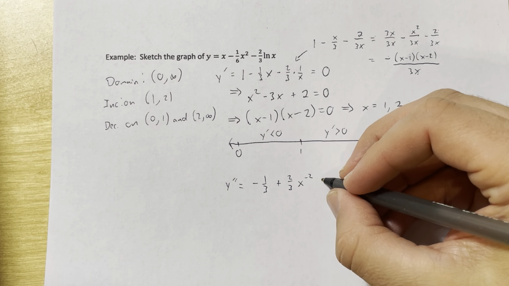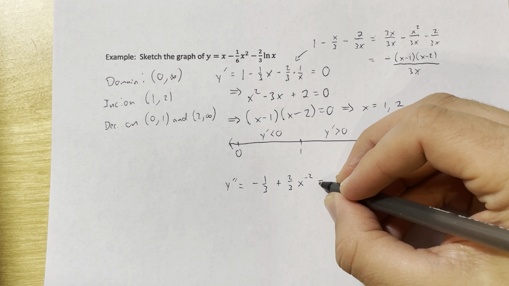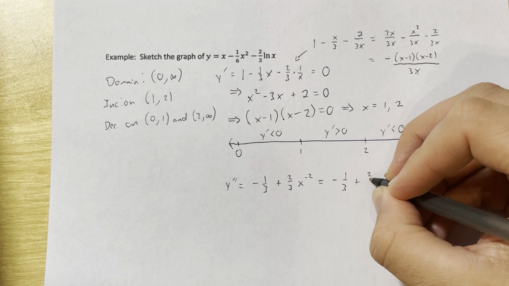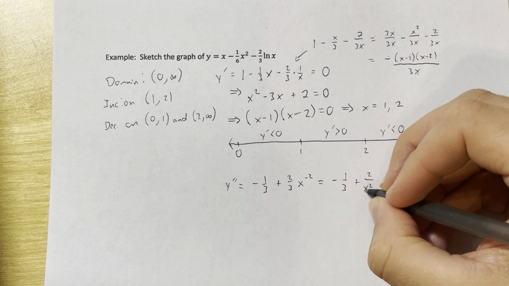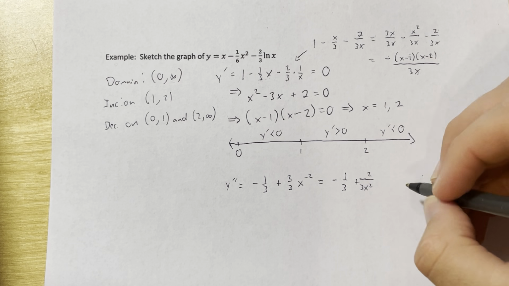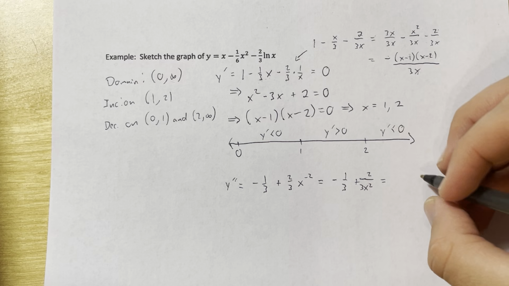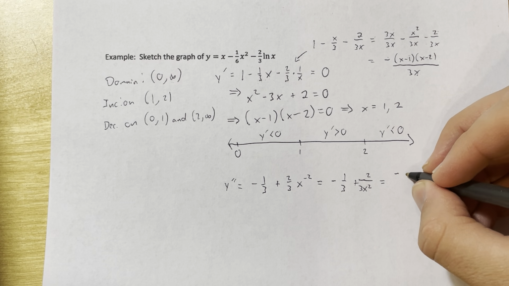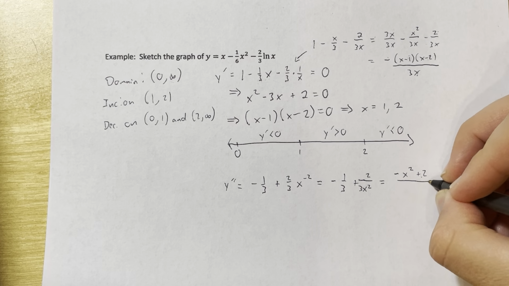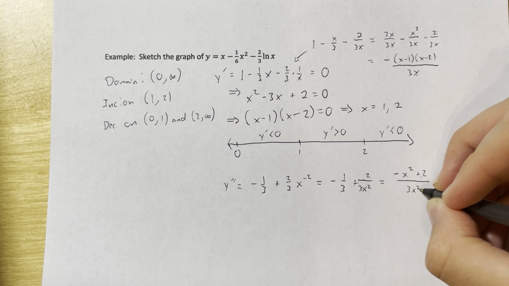Let's set that equal to 0. Actually, let's write it as negative 1/3 plus 2 over 3x squared. Get a common denominator, add things up. So this is equal to negative x squared plus 2, over 3x squared.